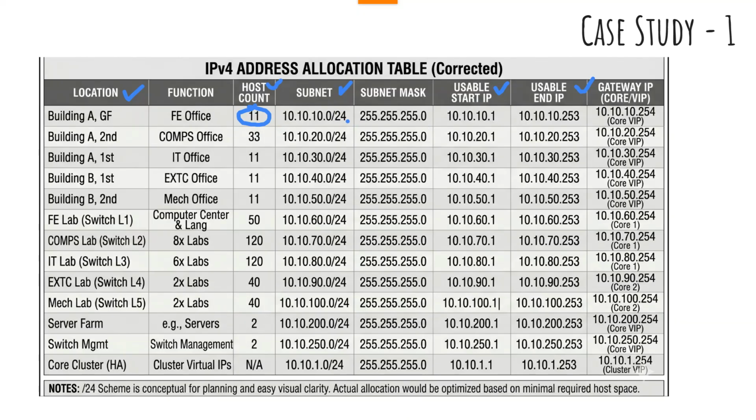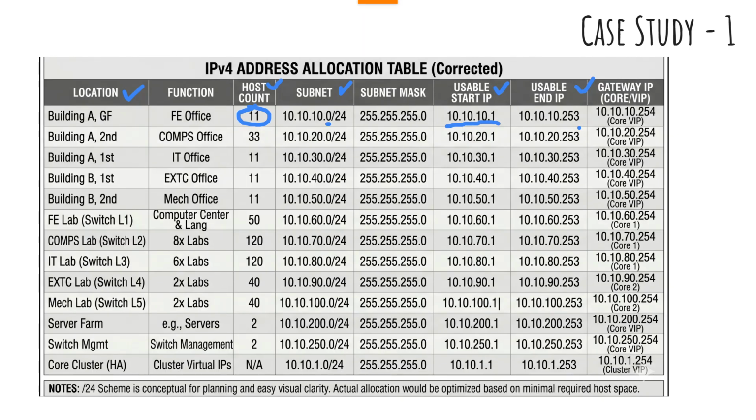Now if I look at it from a very layman's perspective, what it means is your last digit here is indicating 8 bits, right? So totally 254 machines will be available. So my starting IP will be from 10.10.10.1 to 10.10.10.253.